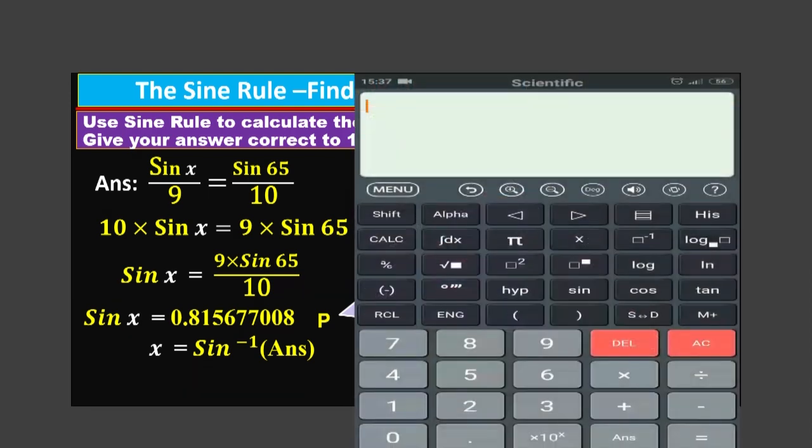Let's take a quick look at how we can do this using a calculator. 9 times sine 65, place it in a bracket, divide it by 10. So the answer would be 0.8156770008. Then you press the shift, then sine, open the bracket and you get your final answer as 54.654358037.